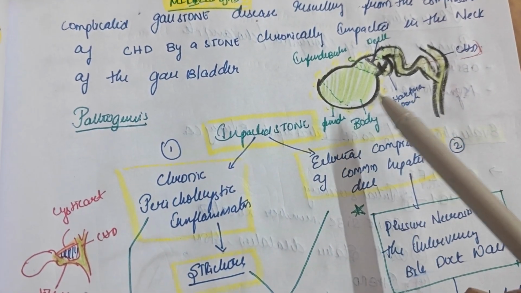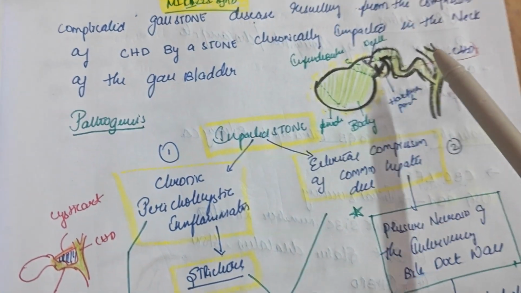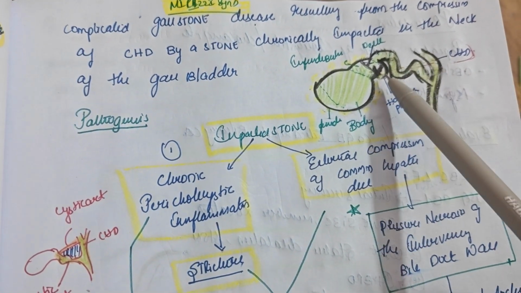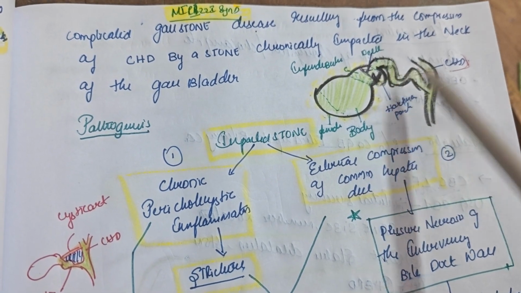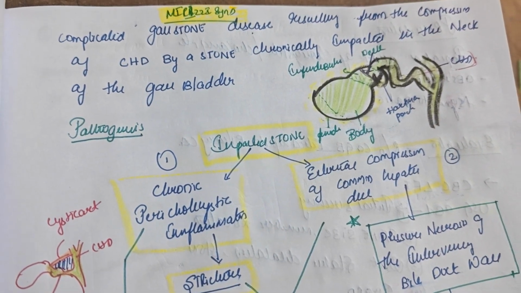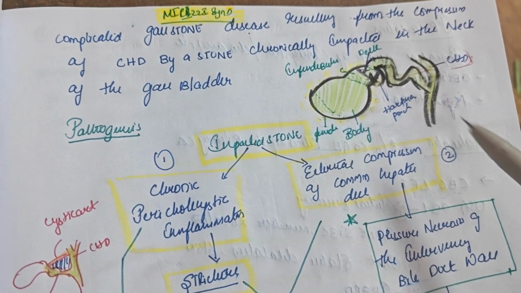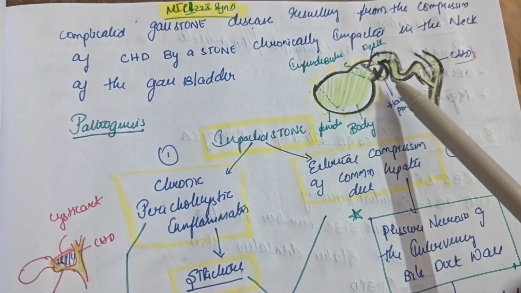So the stone present in Hartmann's pouch, between the neck and the cystic duct, later compresses the common hepatic duct. Ultimately, it's a complicated gallstone disease resulting from compression of the common hepatic duct by the stone chronically impacted in the neck of the gallbladder.